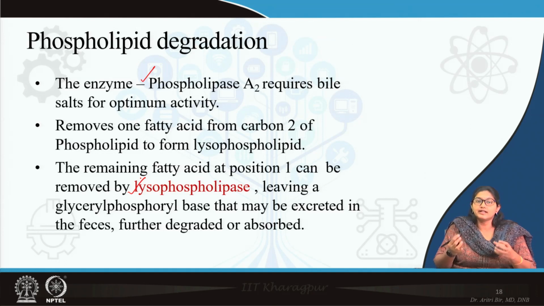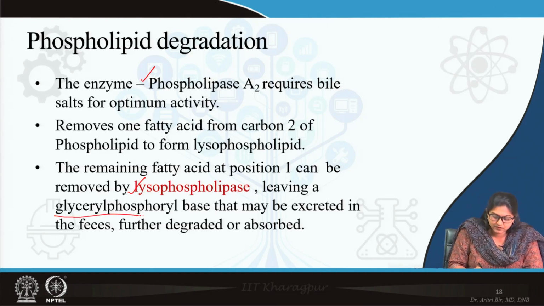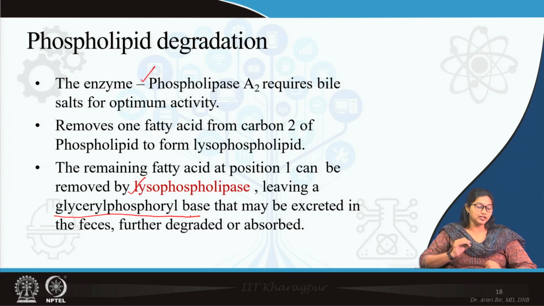So, the fatty acid attached at position 1 can be broken down by lysophospholipase, which finally gives rise to glyceryl phosphoryl base, and that can be excreted through feces as well as be degraded further or absorbed. So, this is the phospholipid breakdown.